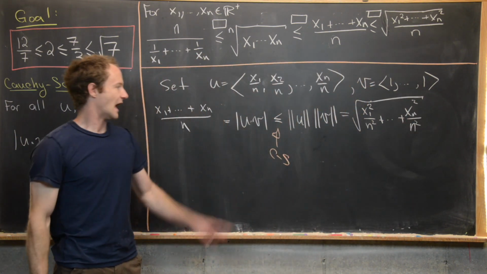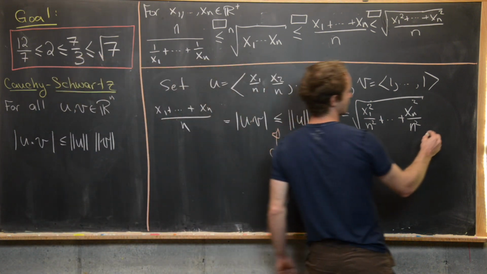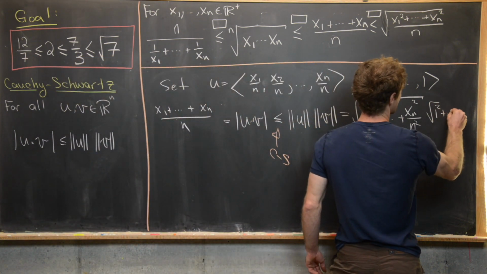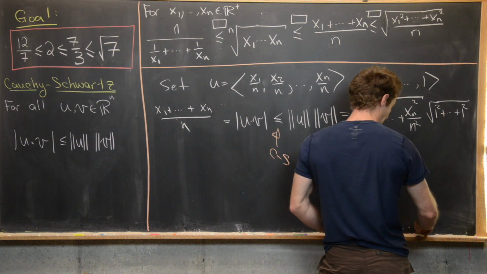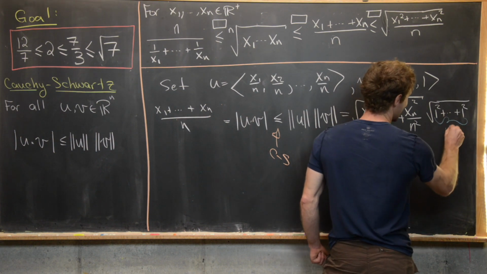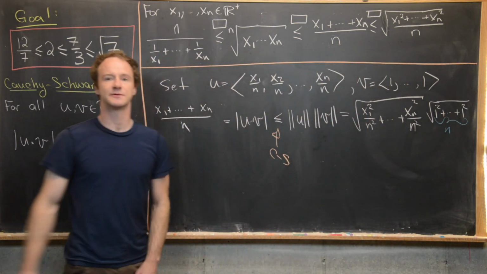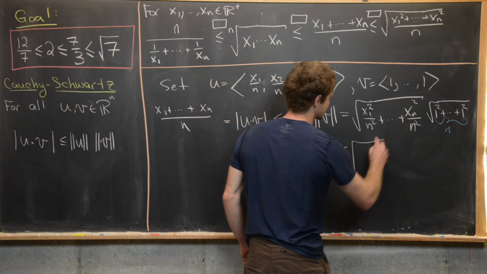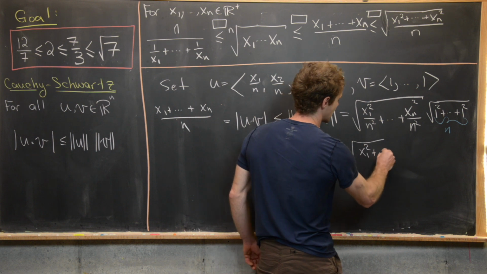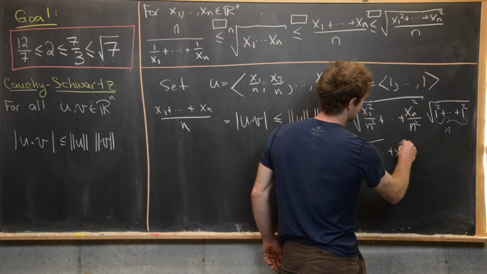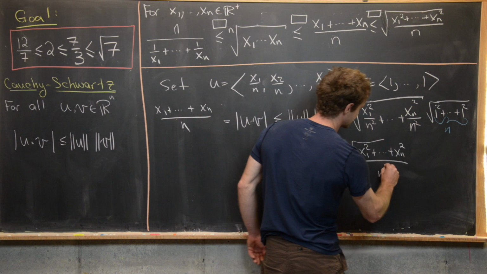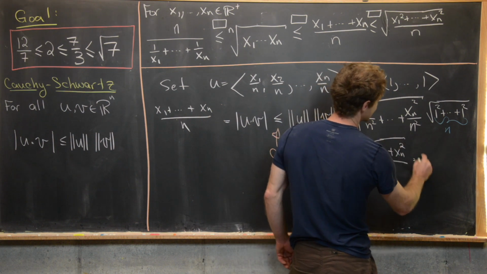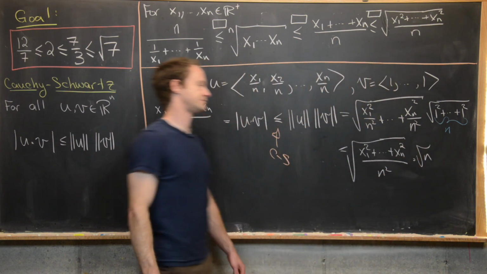And then the magnitude of v is going to be the square root of 1 squared plus up to 1 squared, and I should point out that there are n ones in this case. So notice we can simplify this a little bit. That's going to give us the square root of x1 squared plus up to xn squared all over n squared times the square root of n.